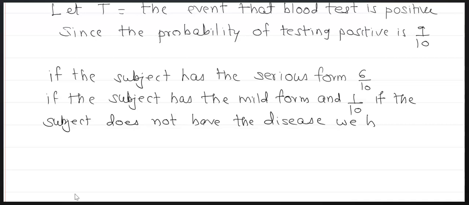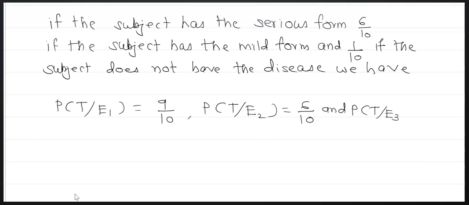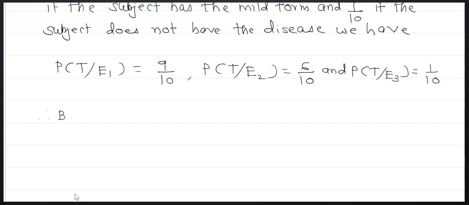If the subject does not have the disease, that is for the mild is 6 upon 10. Serious 9 upon 10, mild 6 upon 10, and no 1 upon 10.